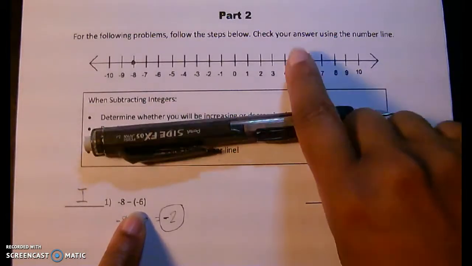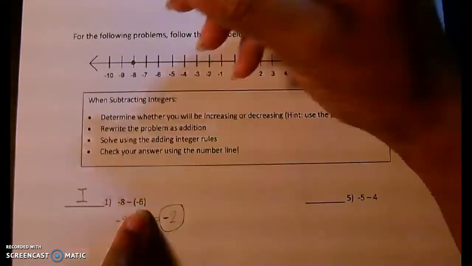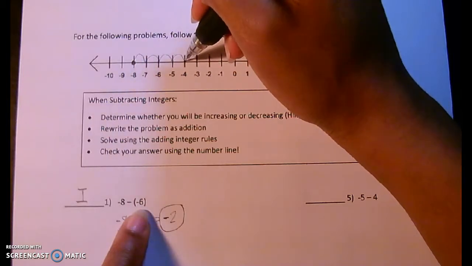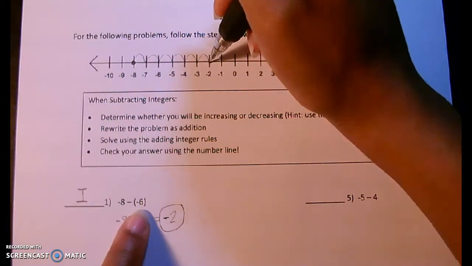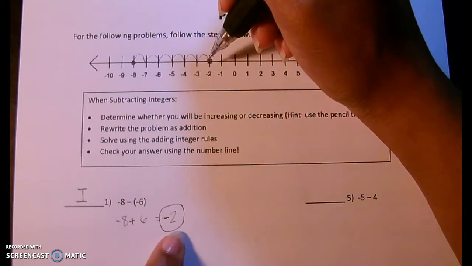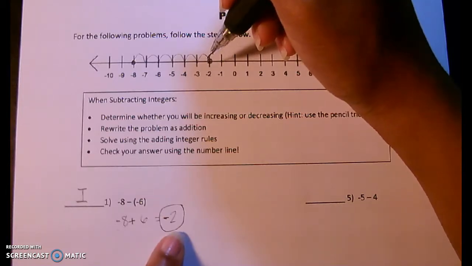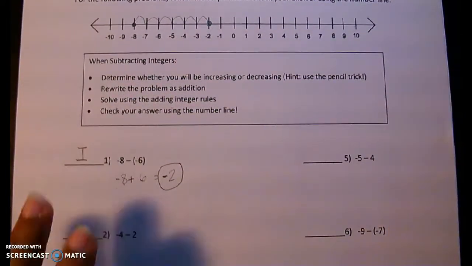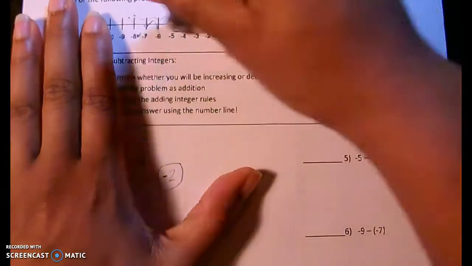I'm moving in the increasing direction 6 times. 1, 2, 3, 4, 5, 6. What do I end up with? -2. So if you checked your answer and you arrived at -2, then that means you're right. Okay? Now, I'm going to do one more, and I'm going to erase my number line so I have that together.